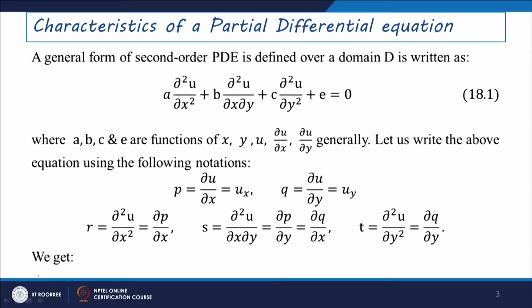If we write this expression in new notations, suppose p equals ∂u/∂x, which is ux, and q as ∂u/∂y, which is defined as uy, and r as the second derivative term, ∂²u/∂x², that is nothing but ∂/∂x of ∂u/∂x. So it is written as ∂p/∂x. s is defined as ∂/∂x of ∂u/∂y, which is nothing but ∂p/∂y or ∂q/∂x. And t can be written as ∂²u/∂y², that is ∂/∂y of ∂u/∂y, nothing but ∂q/∂y.